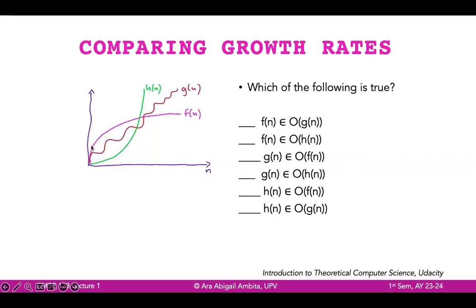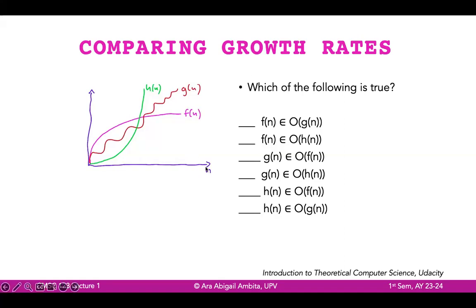So we can see that this is how for f of n, this is the trend of the running time as we increase the input size. This is the trend of h of n as we increase the input size. So which one do you think is better? So it would be f of n, right?